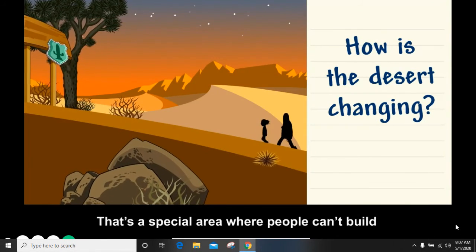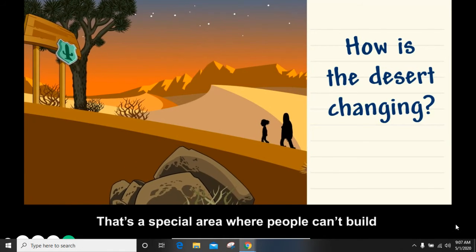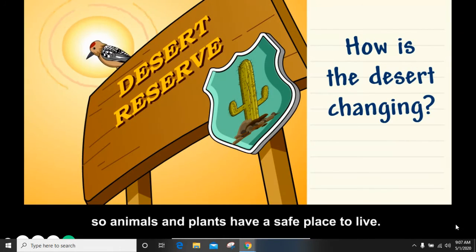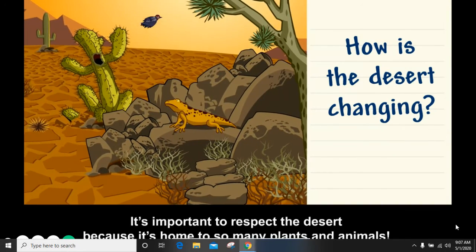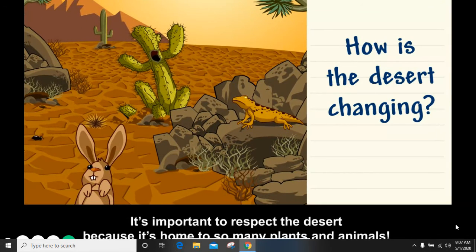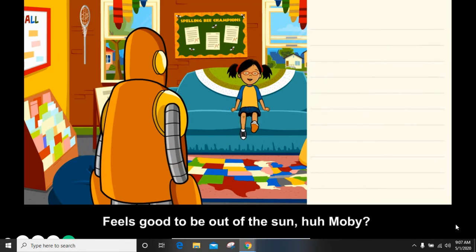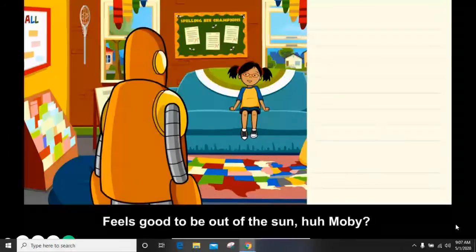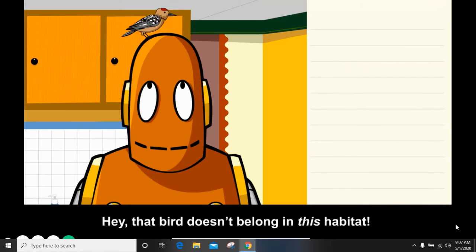That's a special area where people can't build. So animals and plants have a safe place to live. It's important to respect the desert because it's home to so many plants and animals. Feels good to be out of the sun, huh, Moby? Hey, that bird doesn't belong in this habitat.